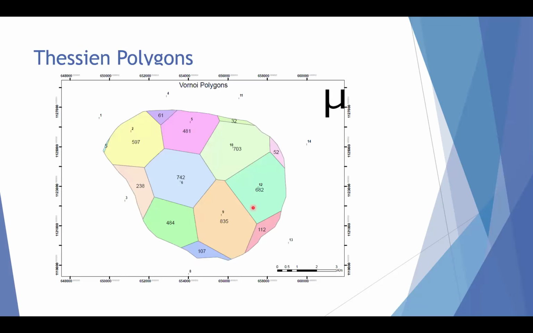Now the usual process, in order to get the average, is to prepare the Thiessen polygons. You can easily prepare these Thiessen polygons in GIS, and this area to the total area of the watershed will become the weight associated to this rain gauge.